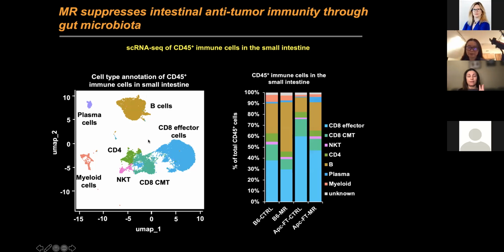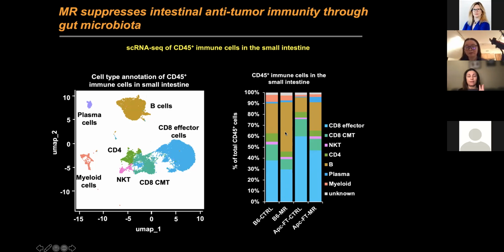From here, you can see that methionine restriction alone in the donor animal is sufficient to reduce the CD8 positive effector cells, as well as CD8 central memory T cells, but unexpectedly expands the B cell population.